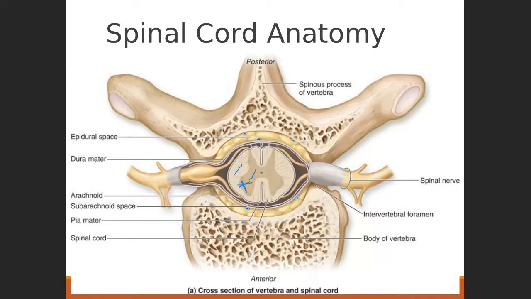They will send their axons out the anterior portion through the anterior rootlet, where then it will join up with the spinal nerve. So again, our spinal nerve can have sensory and motor neurons running in the same nerve sheath. But when we get through our intervertebral foramen, we split into a posterior rootlet where sensory neurons will enter, and an anterior rootlet. That's where the motor neurons will exit the spinal cord and join our nerve root.